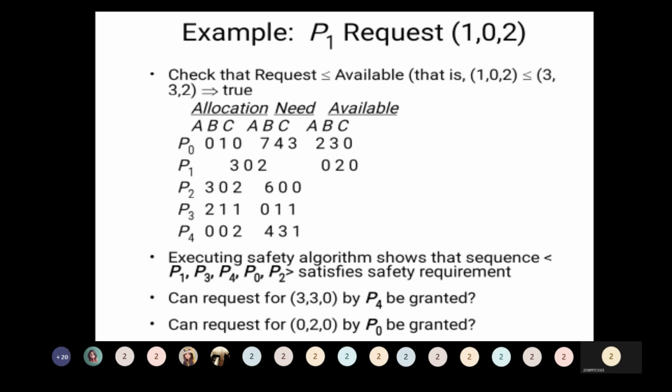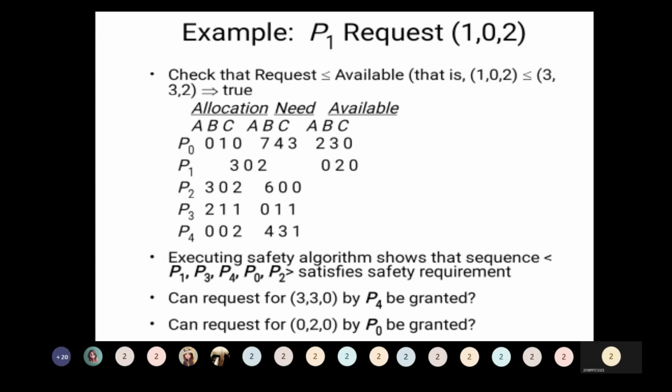After the current scenario, P1 is now asking for a new request. The request is 1 instance of A, 0 instances of B, and 2 instances of C. We are going to check whether this can be given to P1 or not, so that we are not changing the safe state.